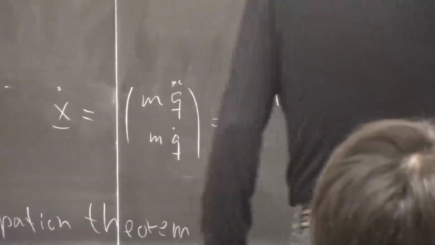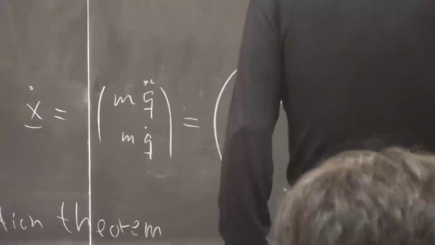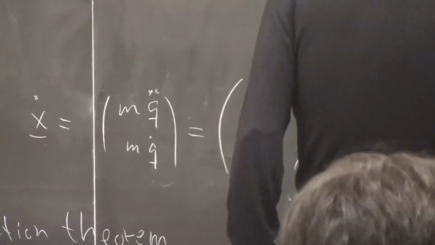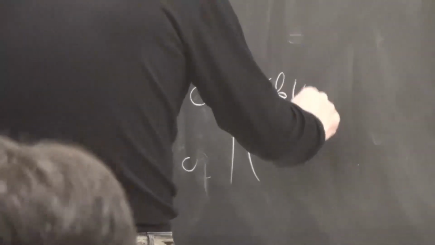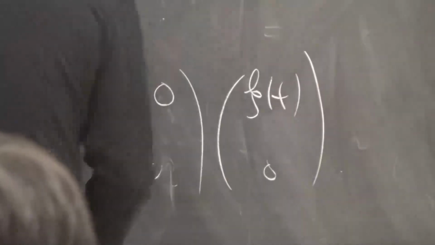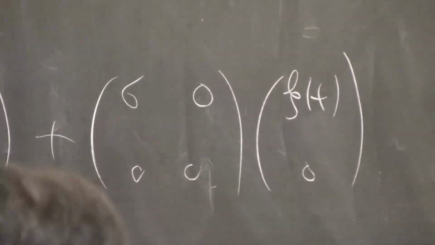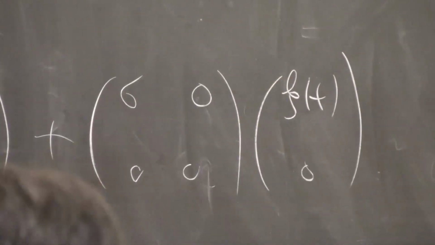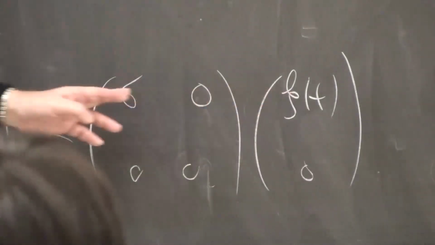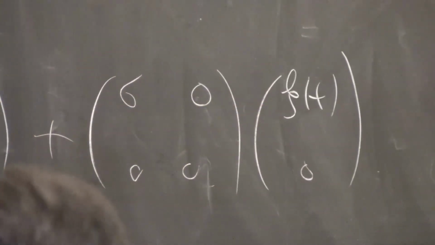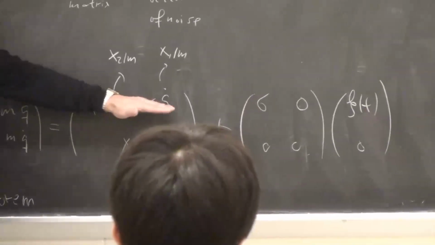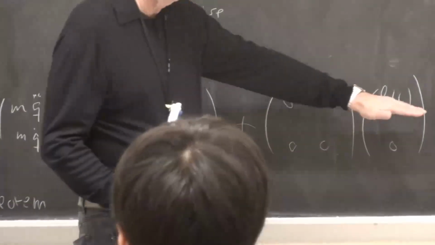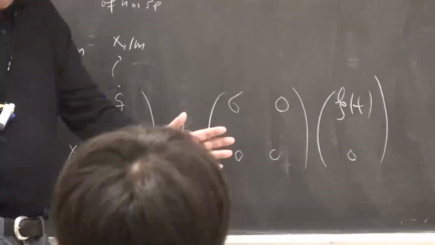Now we go here to the next term, and here it turns out we write sigma 0, 0, 0, and then here we have psi of t and 0. So here we have only one noise input, and the noise input acts on the first component. If you do this one, then you see that our first equation is mq double dot is equal to f of q minus gamma q dot plus sigma psi of t, just our Langevin equation.